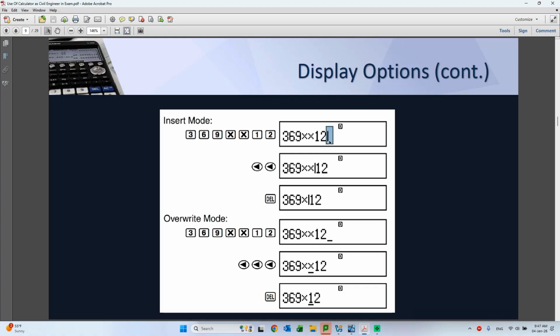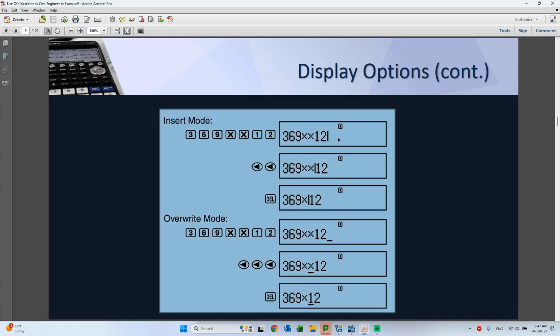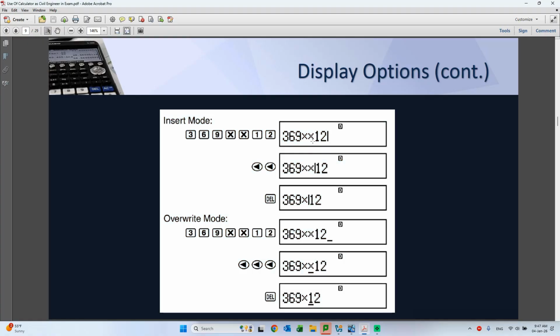This is not that important, but just to make sure that sometimes when you are trying to insert something here, this is the mode you need. It's supposed to be this flashing. If you want to replace something, this is the mode that you go with. So both are available there.